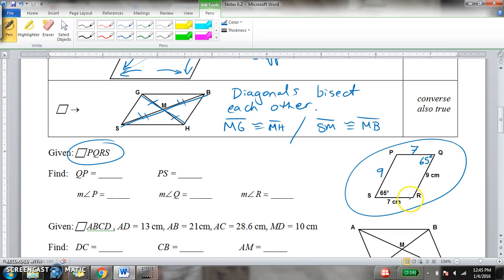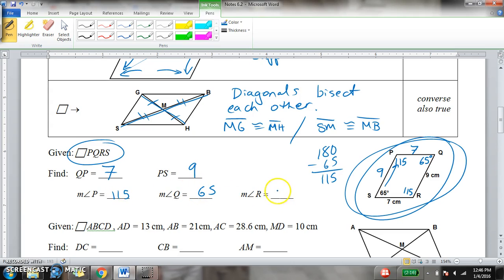To find the other two angles, we know that P and R are the same as each other, and these two angles next to each other are supplementary, which means they add up to 180. So we take 180 degrees, subtract 65, and we get 115 for each of these angles. So filling in everything: QP is 7, PS is 9, angle P is 115, Q is 65, R is 115.